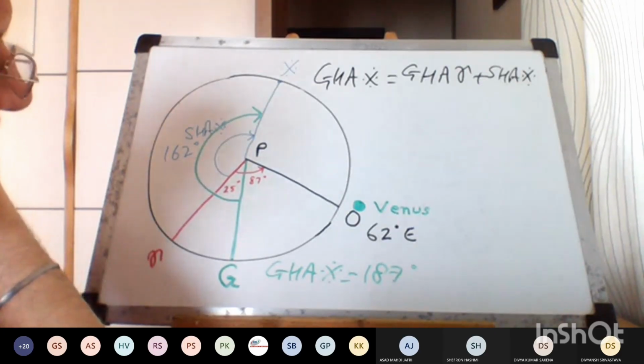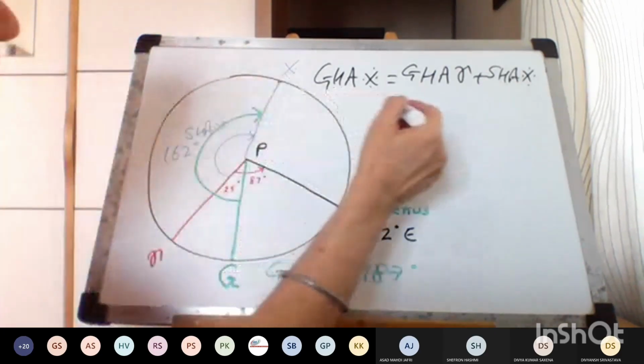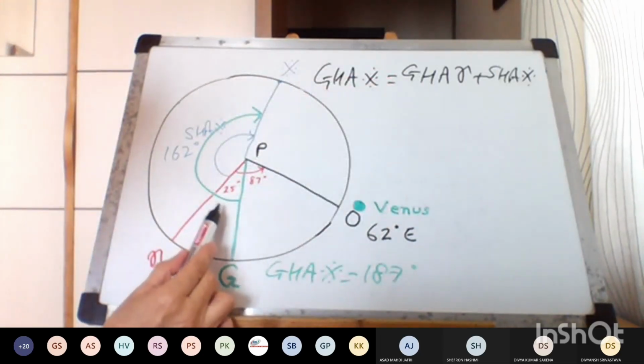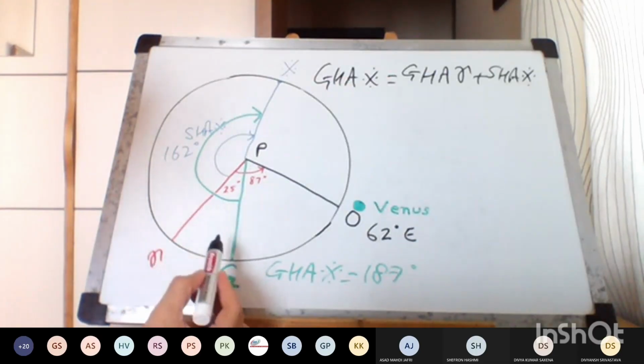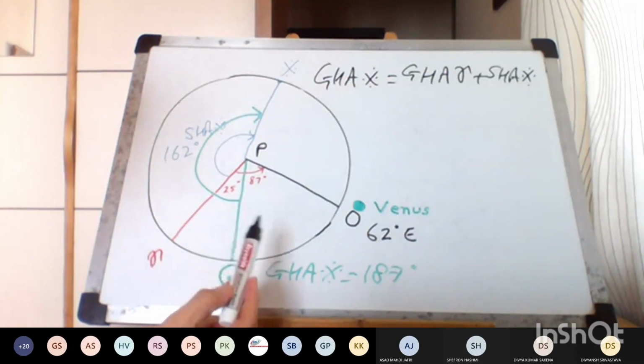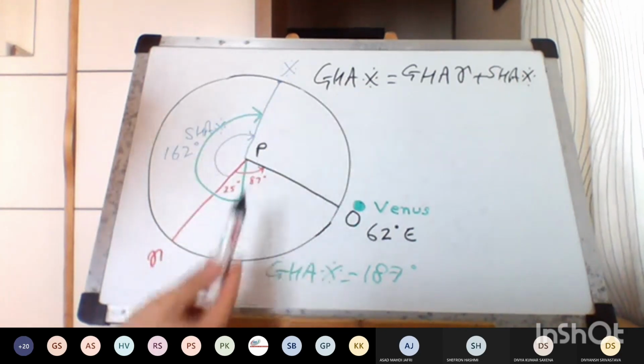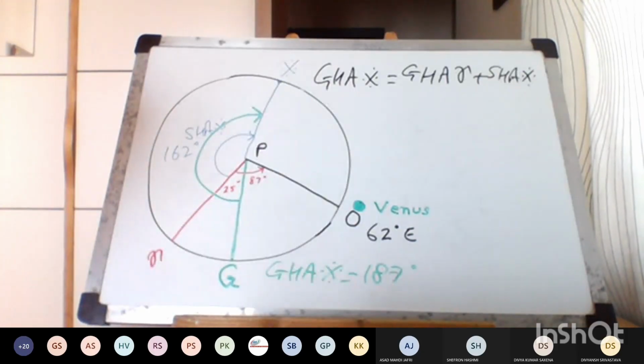GHA Aries we have found out is 25 degrees, and SHA star we have 162. That of course from the diagram we have found out, but if you work out by whatever 2 or 3 formulas that we have, it can be easily found out. Not a big issue. But the main point is, have you understood the diagram and the positioning of all the meridians or not?